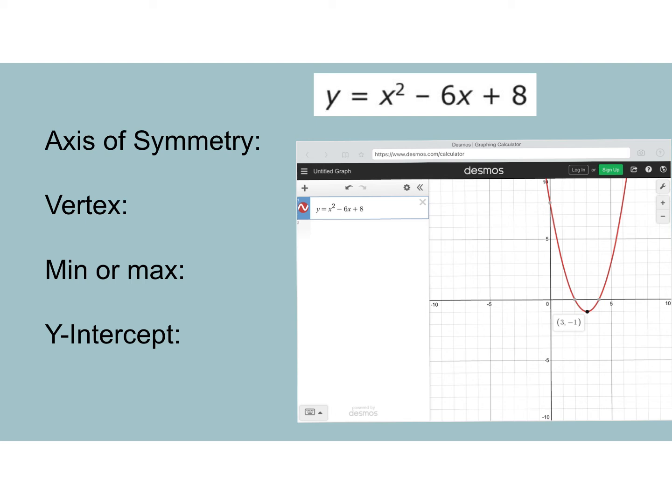So here, the vertex is at 3, -1. And of course, that tells us that there's a minimum, or it opens up, and the minimum is where y equals -1.